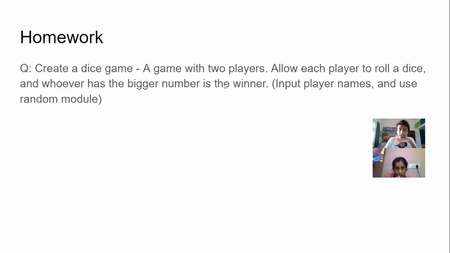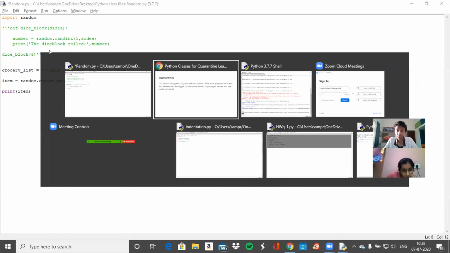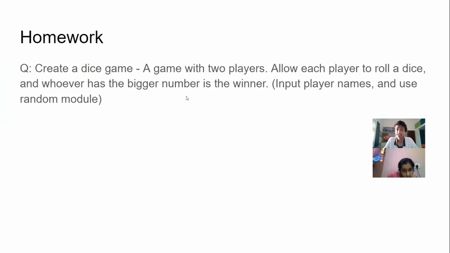You can ignore this part, input player names, whatever, if you understand that, then good. And use your random module, of course. You're going to roll for them. Use a 6-sided roll. So you want to roll for two people, and whoever has the bigger number is the winner.